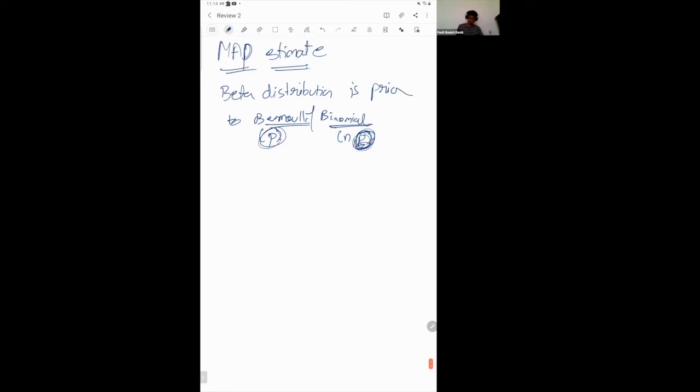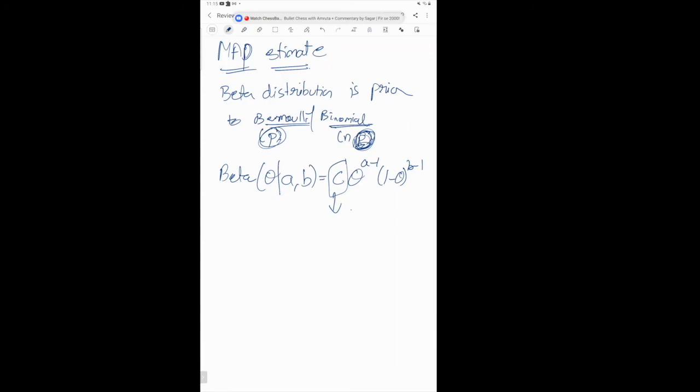So I'm assuming you are all familiar with the beta distribution, and so this would be defined as some constant. Can anyone tell me what this constant is? It's some sort of gamma, if I remember. Yep.